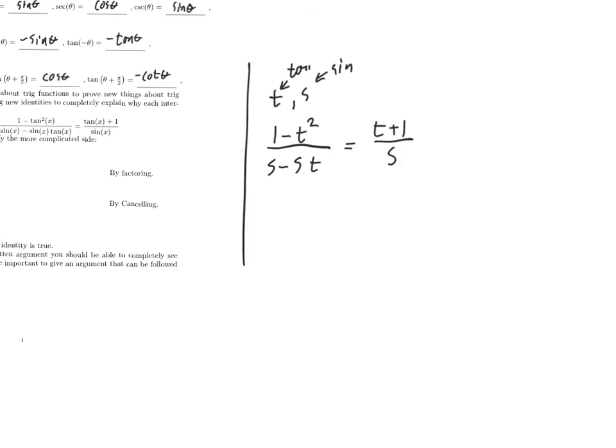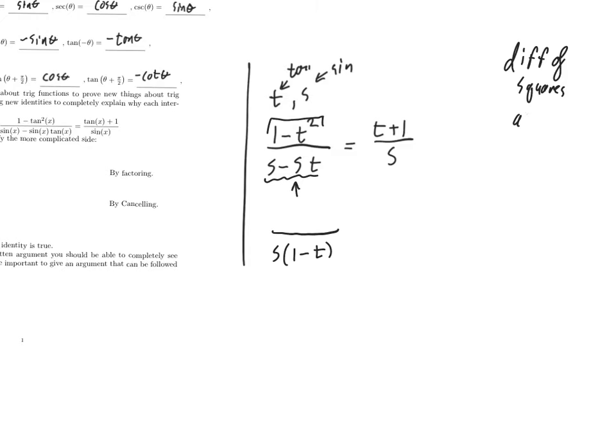So let's just see what we can do with that. Certainly over here, it looks like maybe there's some factoring that we could do. Everything in the denominator has an s in it, so we could factor that out. So I could factor that as s times 1 minus t in the denominator. The top, I see 1 minus a square, and that should make you think of the difference of squares formula, and I'll just remind you of the difference of squares formula really quickly.